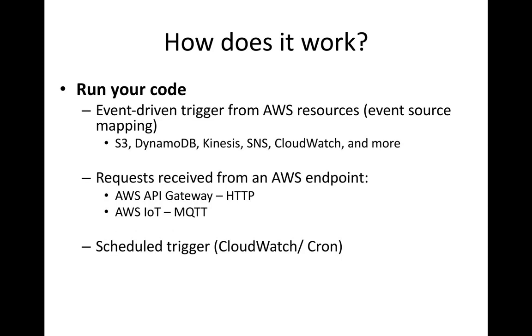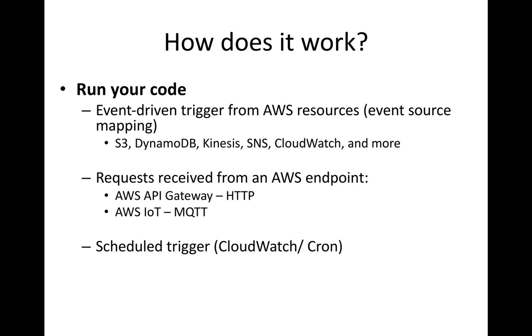So once your code is published and you have an existing Lambda resource, now you can run that Lambda function. And you run that Lambda function by triggering it using some sort of an event. And there are a wide variety of different event-driven triggers that are available from different AWS resources.